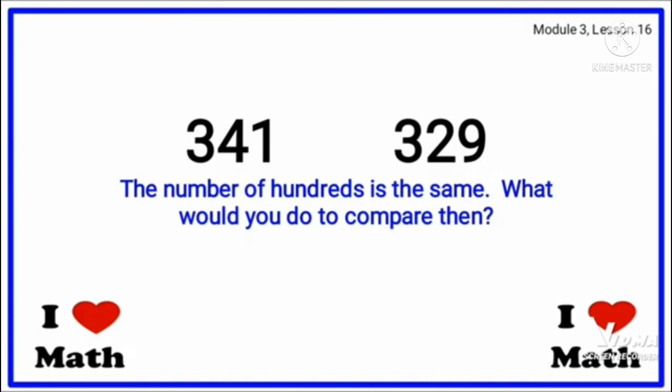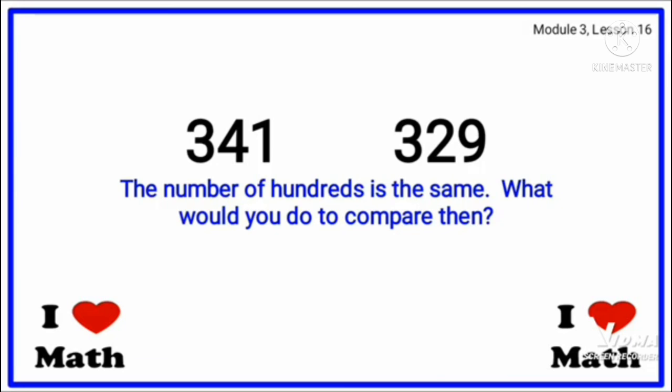Now look at these two numbers, 341 and 329. The question is, which number is greater than the other? Which one is less than? If you look at the two numbers, the hundreds are the same, 300s, 300s.